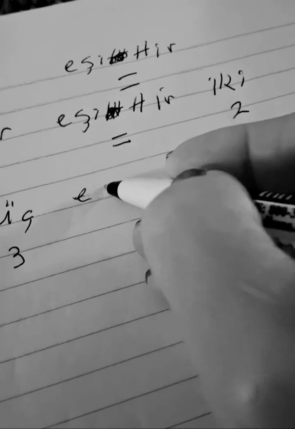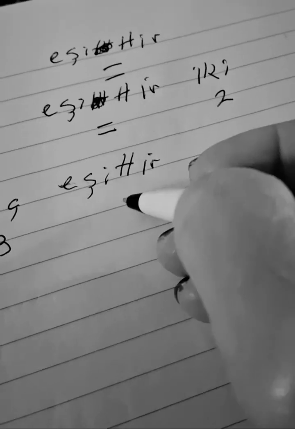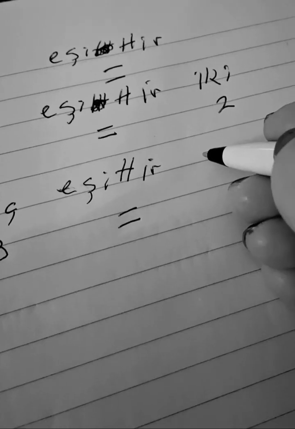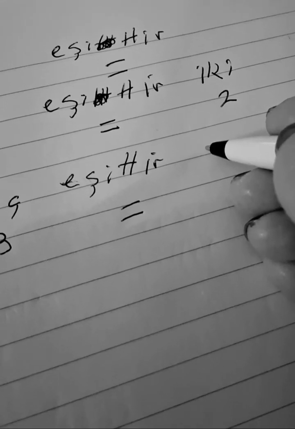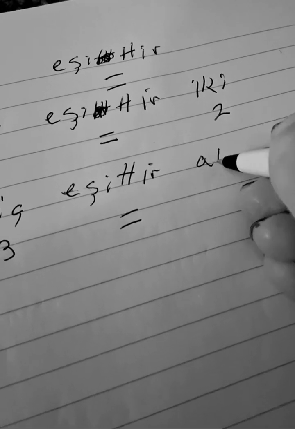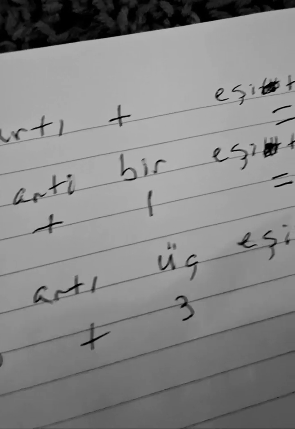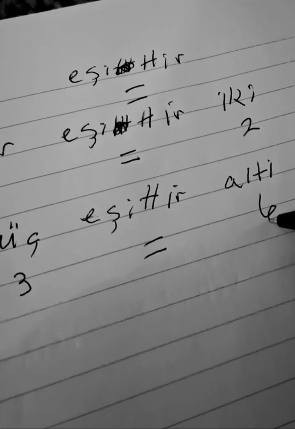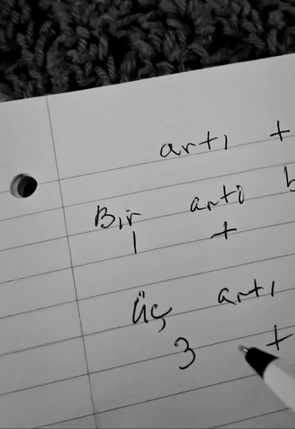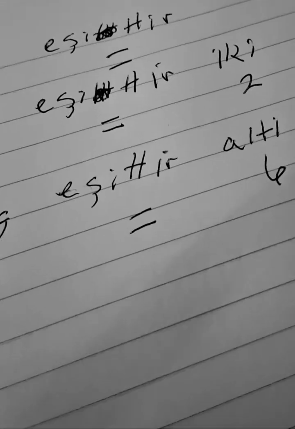Let's see if I can do it right this time. There we go. Eşittir altı. Did I get this right? Yes, altı 6. Okay. And notice artı is your plus. Altı is 6. Those are two different things.